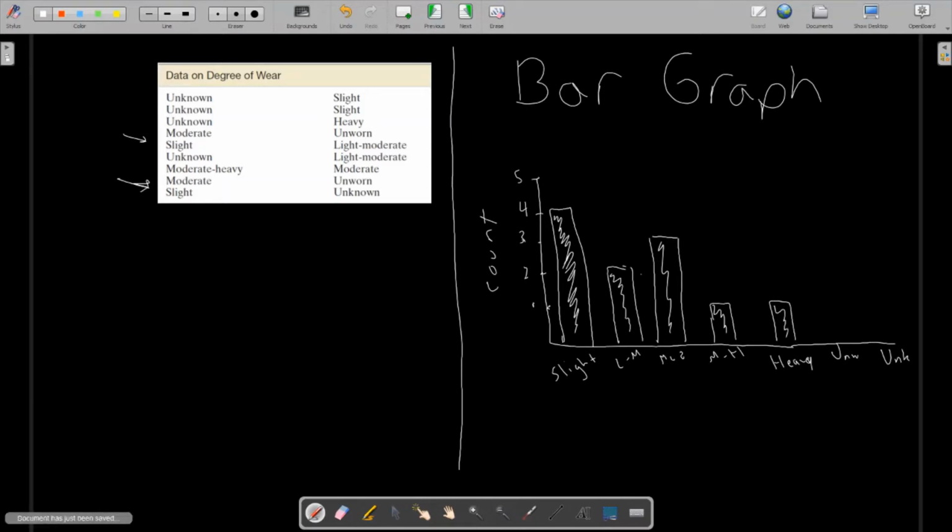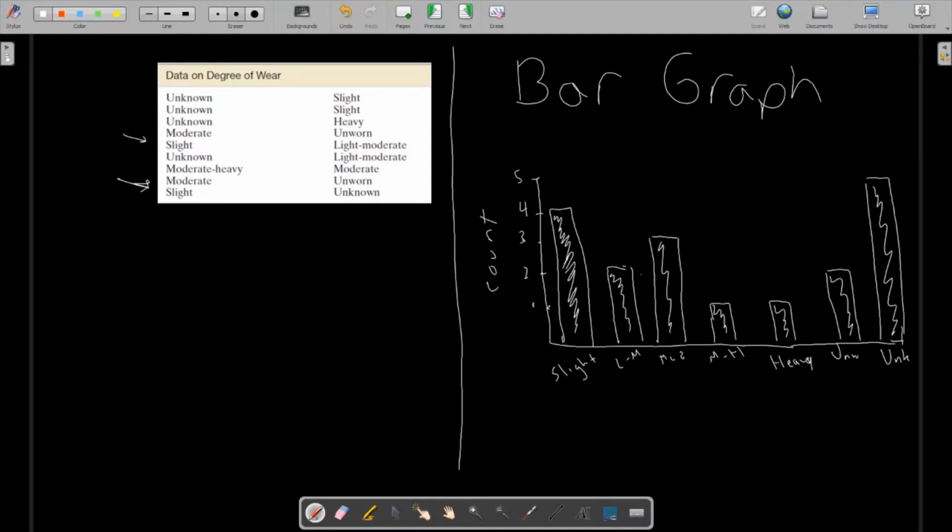For unworn, it looks like 2. And lastly, for unknown, it looks like we have 5. So this one will go all the way to the very top. And that's our bar chart.